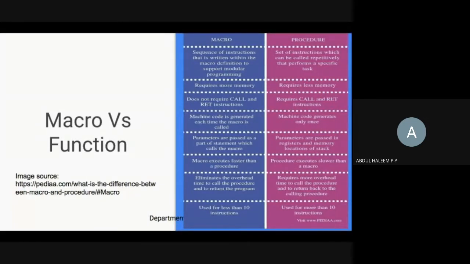And that is the fundamental difference between a macro and a function: the way they are treated during the translation process and how the program is executed. So I repeat, the instructions in the macro will become part of the actual code itself before it is translated.